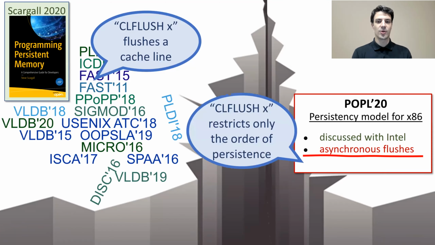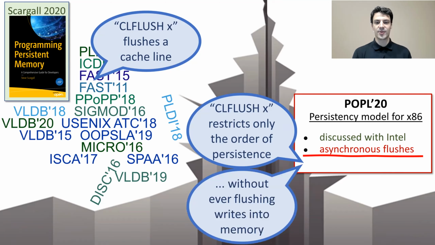Whereas the POPL 20 model would say that instructions like CLFLUSH only restrict the order of persistence without ever flushing writes into memory. In fact, it's possible to have executions under the POPL 20 model where no writes are ever flushed into the non-volatile memory.